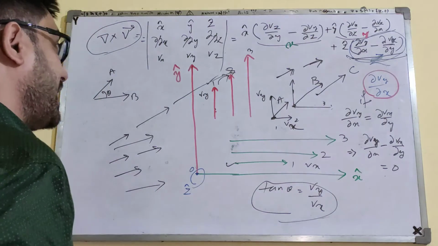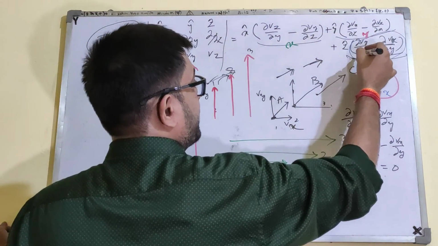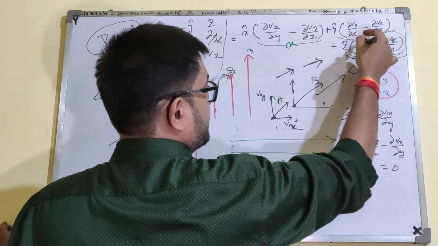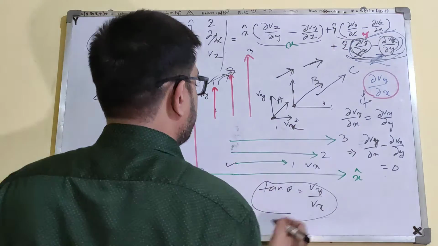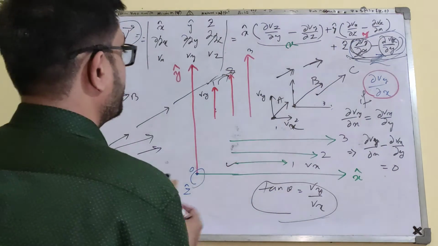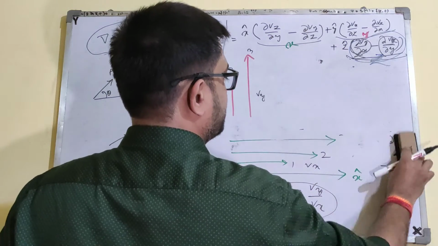Now what happens if del Vy by del x is more than del Vx by del y? That means, if I want to show you things in that way, let me just erase everything here.